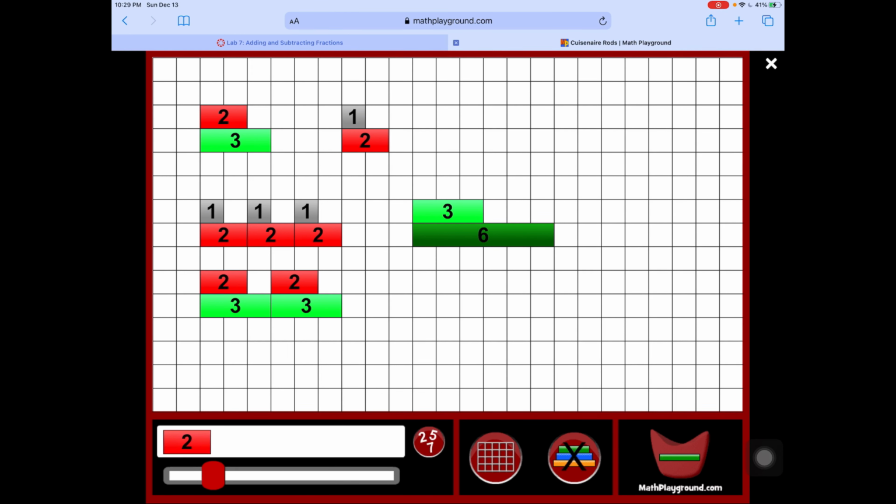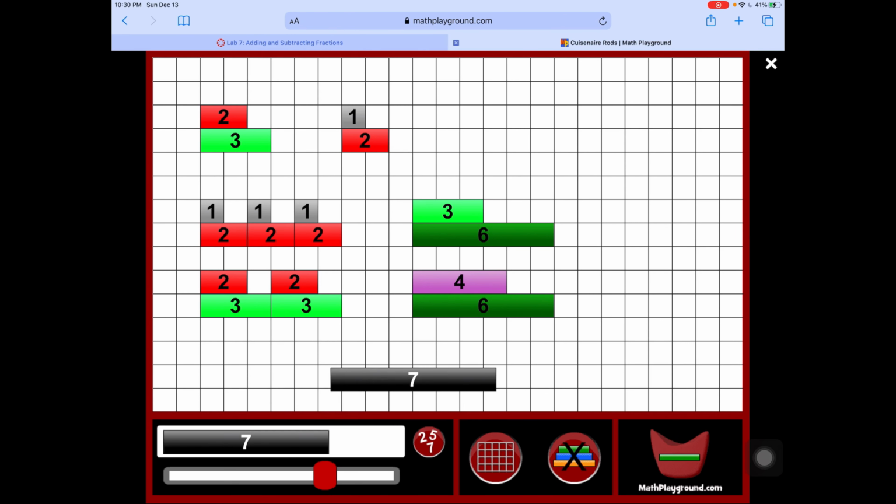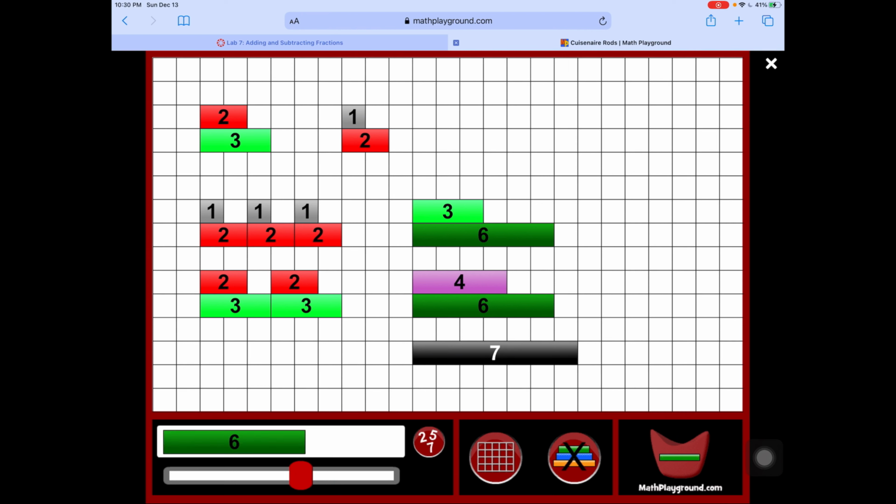And we have 2 copies of 2/3, and that gives us 4/6. So 4/6 plus 3/6 gives us 7/6. So 7/6, that's one more unit of 1/6 out of our whole.